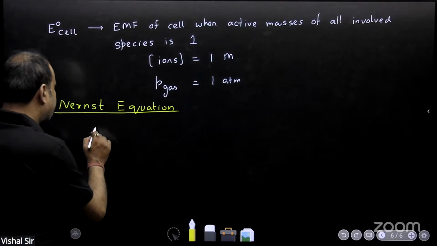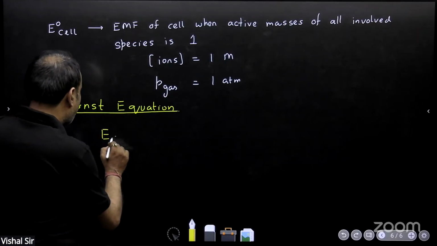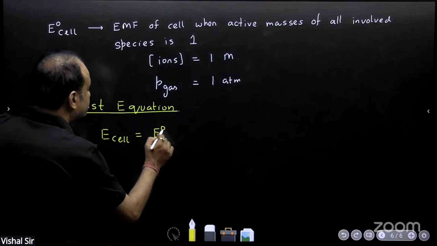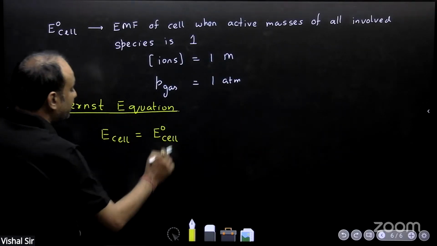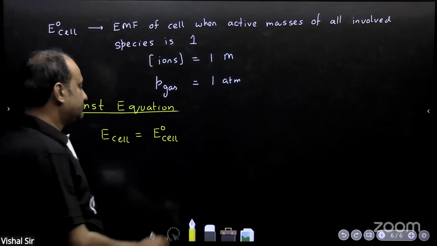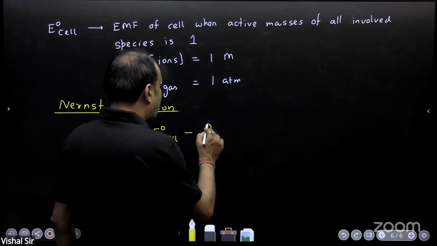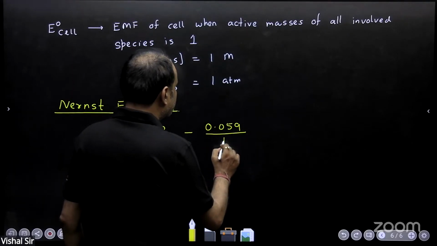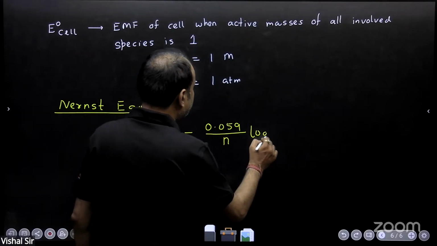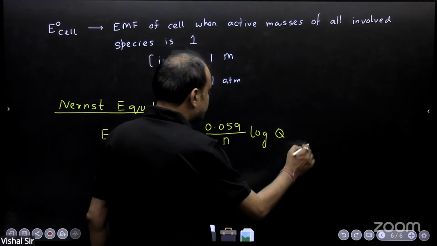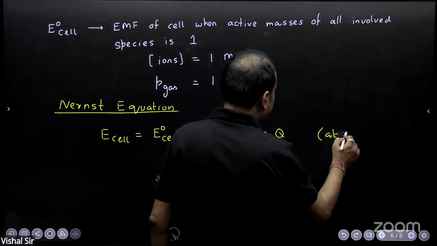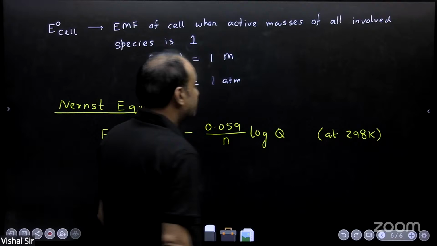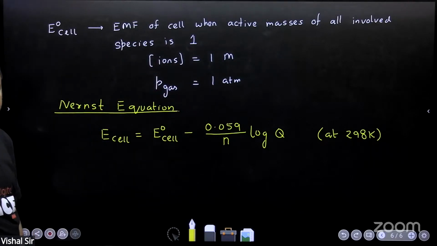Nernst equation says E cell is equal to E naught cell minus 0.059 by n log Q at 298 Kelvin.